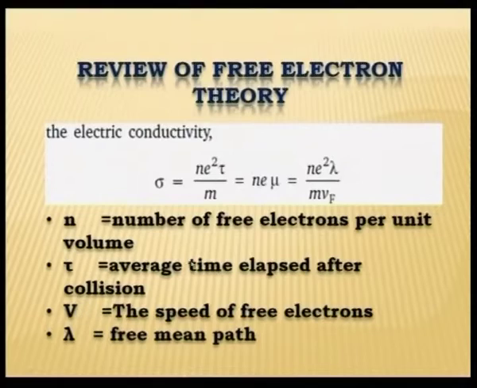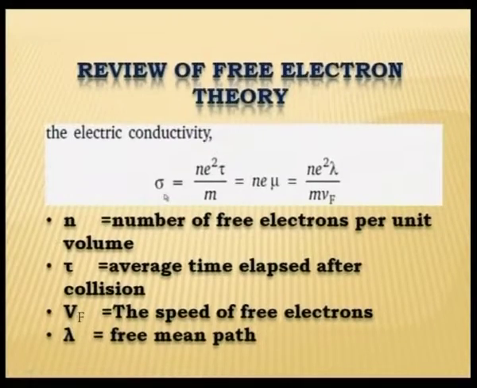Now, before we pass on to Sommerfeld's free electron theory, I will show the expression we got from Drude's theory for the electrical conductivity sigma. It is given in terms of n, e and mu. So, you write sigma is equal to n e mu.